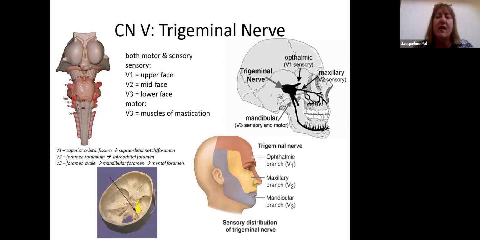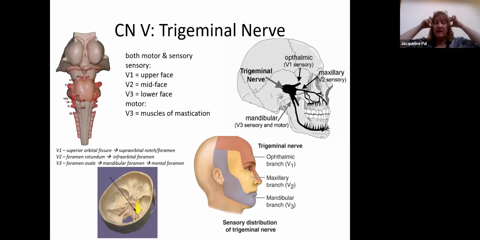So for ophthalmic, we call it cranial nerve V1, V for the 5, and then a little subscript 1 underneath it. So this nerve is just doing sensation.